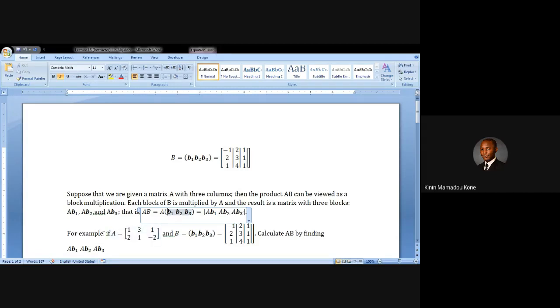So we can see an example of that. If A is equal to this matrix and B is equal to this other matrix, calculate AB by finding AB1, AB2, and then AB3.